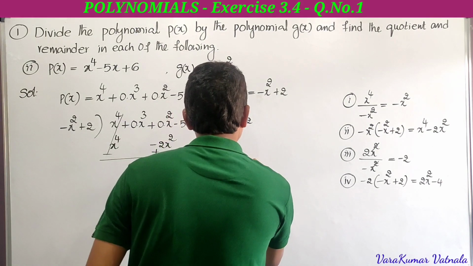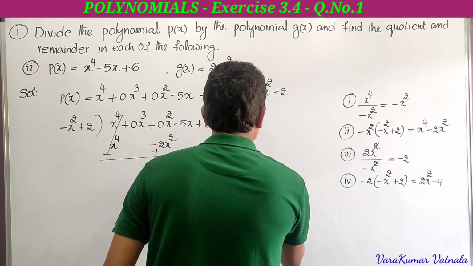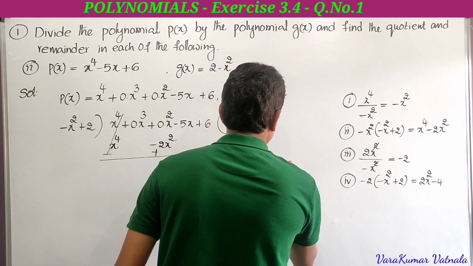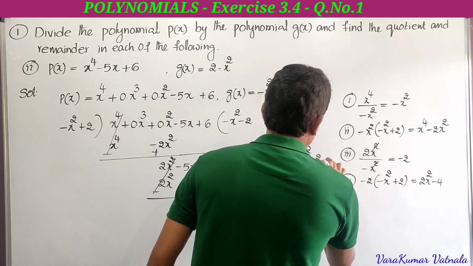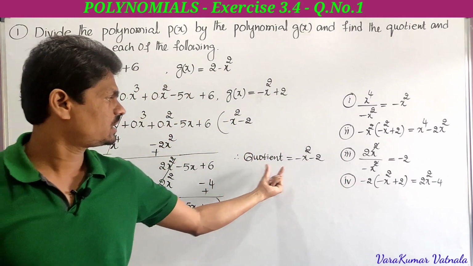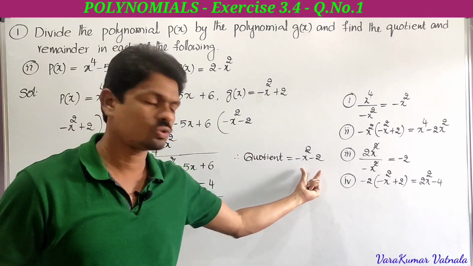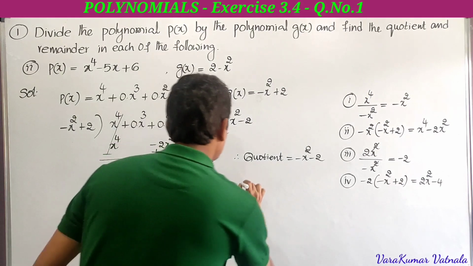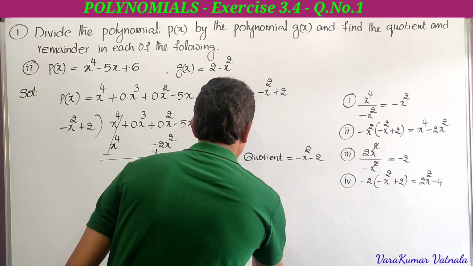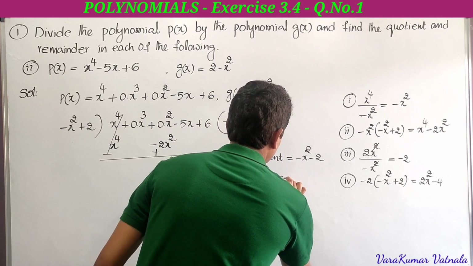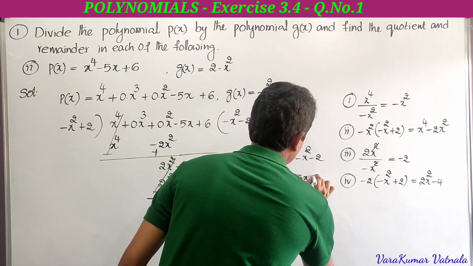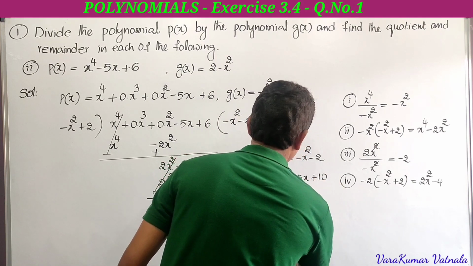Therefore the quotient is equal to minus x square minus 2, and the remainder is equal to minus 5x plus 10.